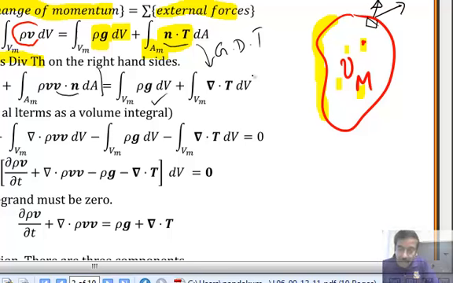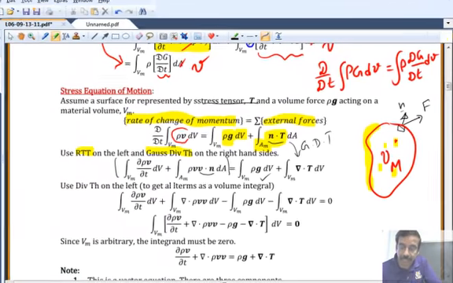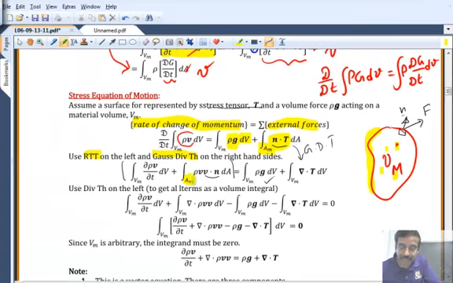Okay. Now, on the left hand side, in using the Reynolds transport theorem, we ended up arriving at the surface integral. So I need to convert that surface integral into a volume integral one more time. And I do that again by using the divergence theorem on the left hand side. So now I am dealing with this term, which becomes this term.